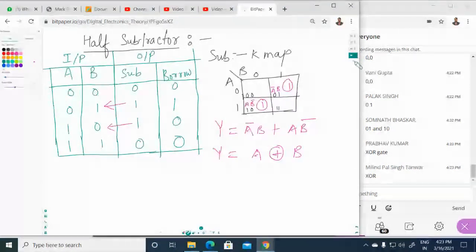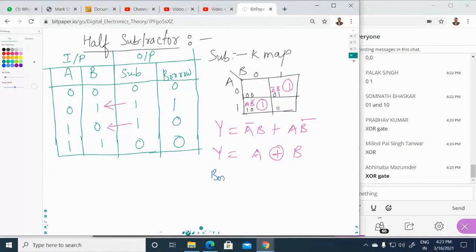Now you have to design the K-map for borrow. So how can you design it? You have the same two inputs A and B, and you have the four possible combinations. So four blocks should be there. Either it should be 0 or 1.